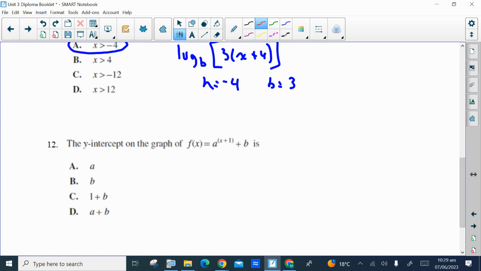I've said before, there'll likely be a question on the exam where you have to find one intercept of one function, either the x or the y-intercept. In this case, the y-intercept, remember, is always where x, the other variable, equals 0. So if we let x equal 0, we'll get y equals a to the 1, or just y equals a.